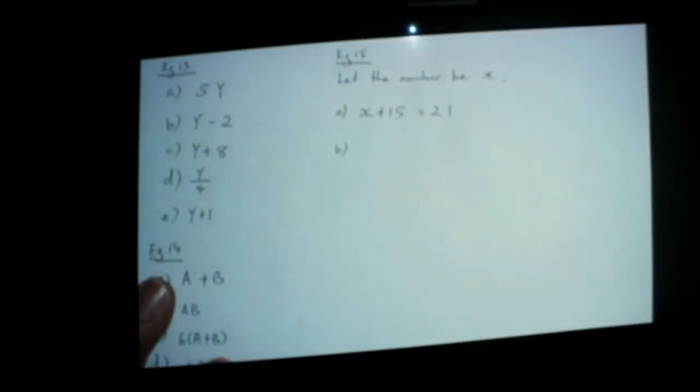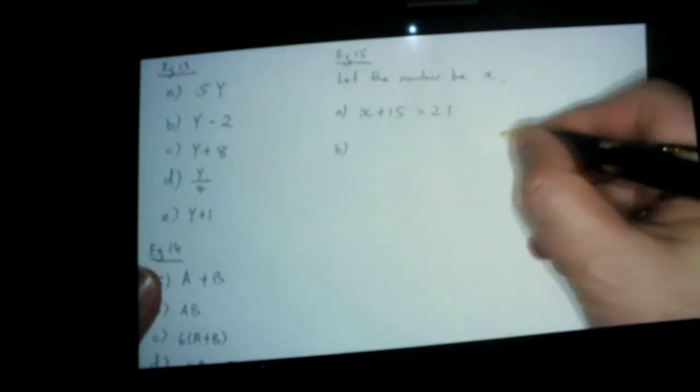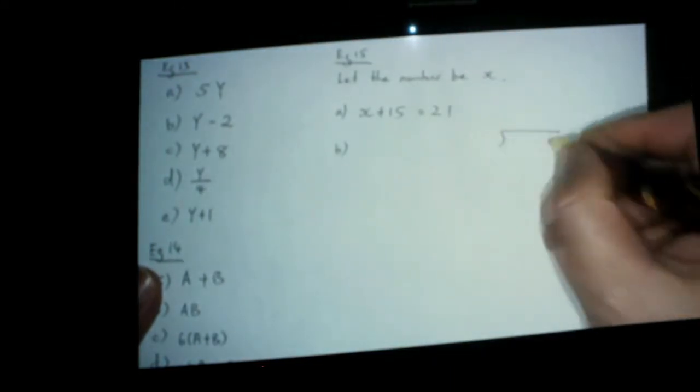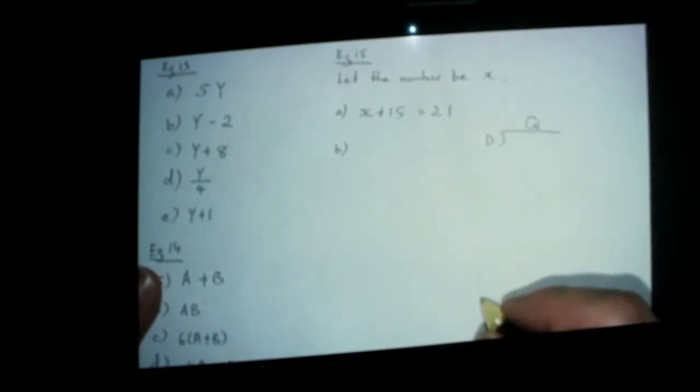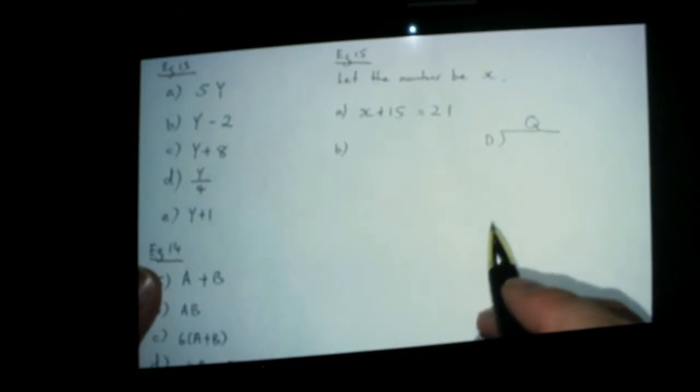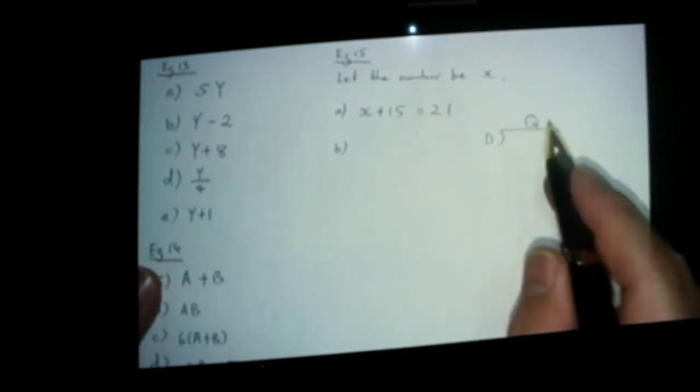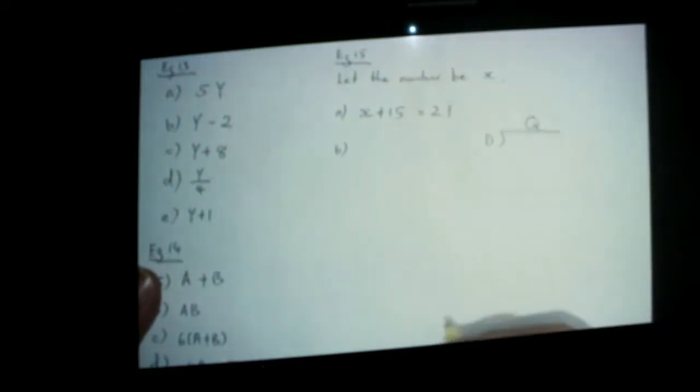They say the quotient of a number and 7 is equal to 5. So the quotient of a number, remember in division, this part is called the quotient, this is called the divisor. So in order for me to get the quotient, that means that's the result. So x is the quotient.